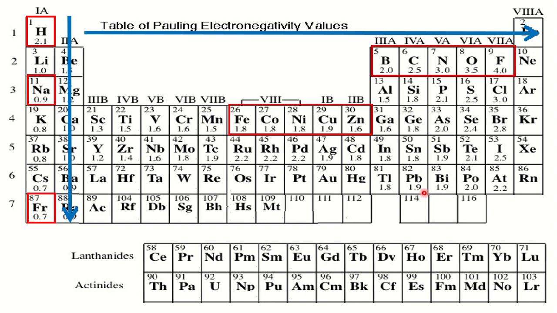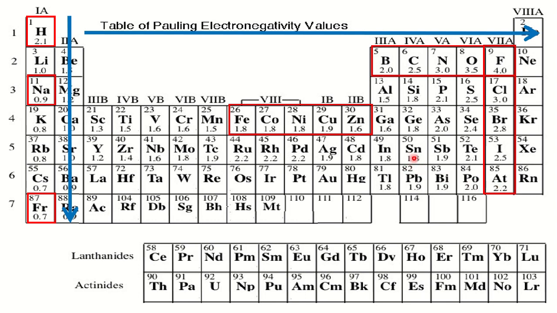Mataas, mababa. Another example, we have here fluorine, 4.0. Ang ating astatine ay 2.2. Habang bumababa siya, bumababa ang electronegativity niya. Fluorine, 4.0. Chlorine, 3.0. Bromine, 2.8. Iodine, 2.5. And astatine, 2.2.